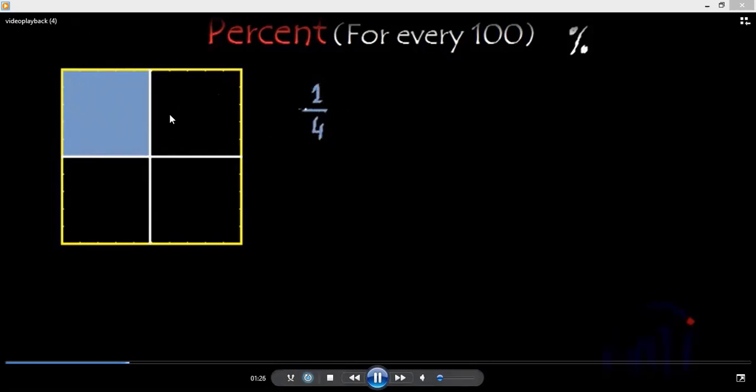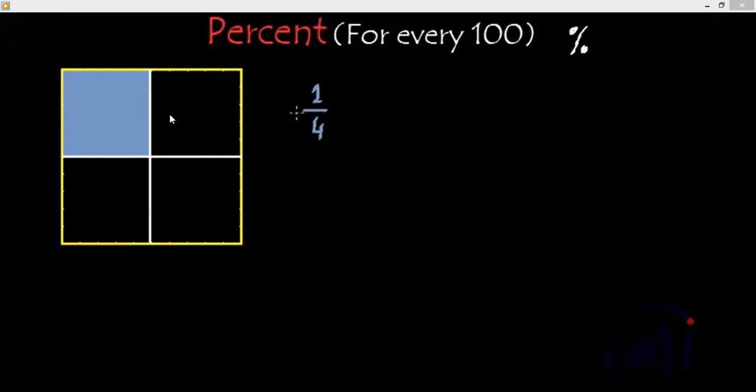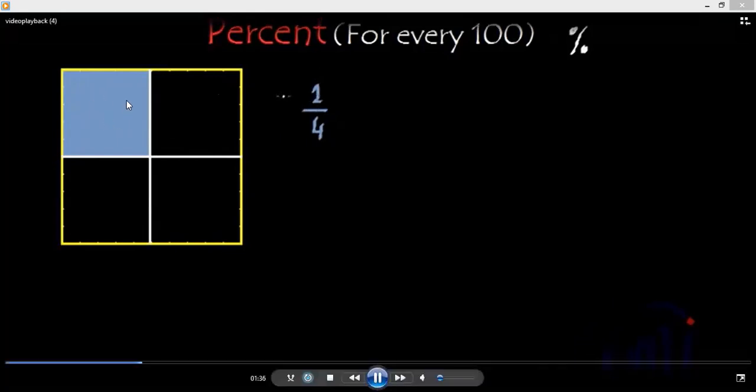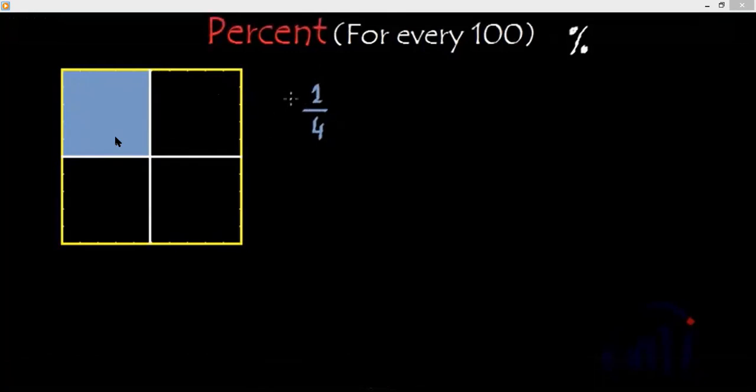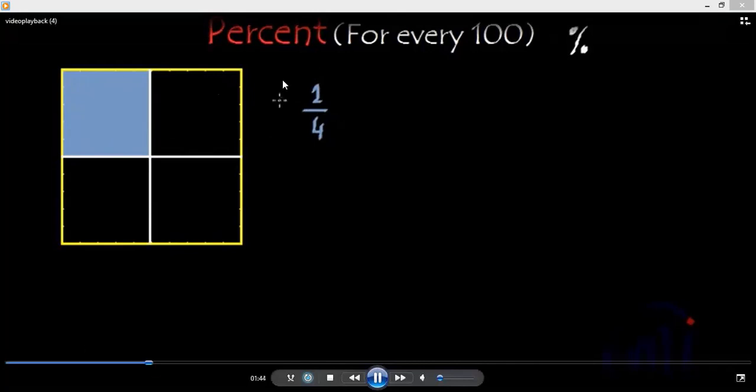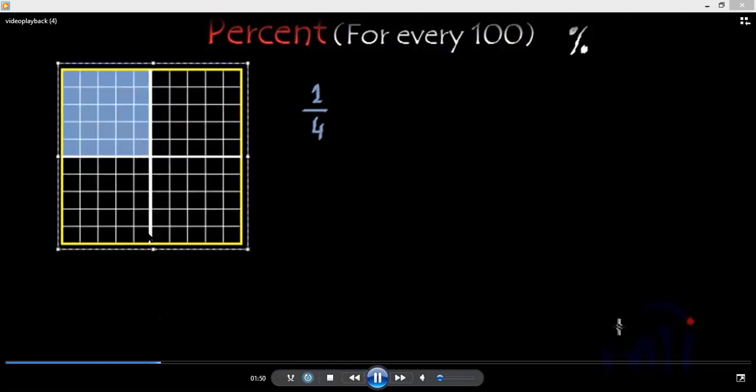If I want to express this fractional form in percentage form, as I said, percentage form means that you are going to compare the part out of 100 pieces. Then we will try to divide this bar into 100 pieces, changing it into small pieces.